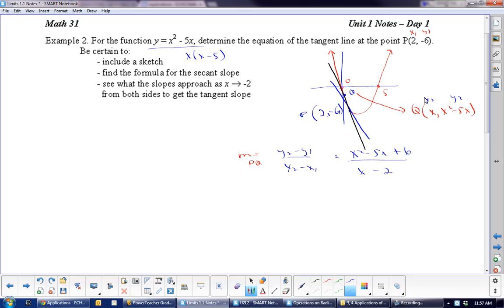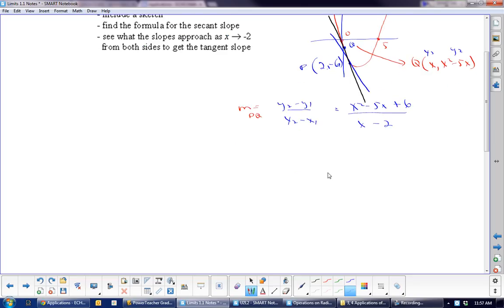We want our x here to get closer and closer to 2, don't we? So really, we're doing the limit as x approaches 2 of x squared minus 5x plus 6 over x minus 2. Now, really, I'm not supposed to show you the canceling and then bang, you could just put in 2. Because you're supposed to be putting, well, let's put in 1 point.